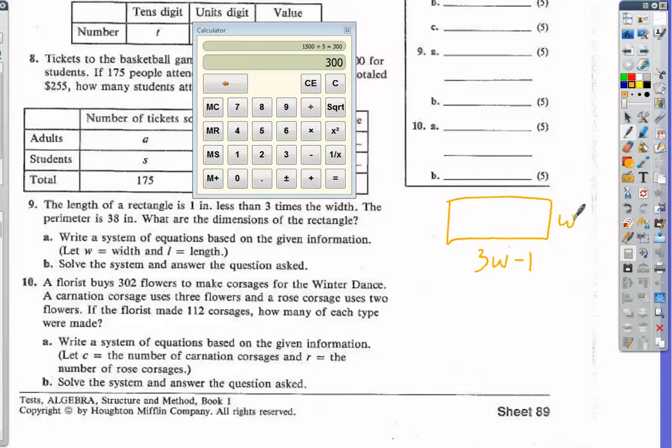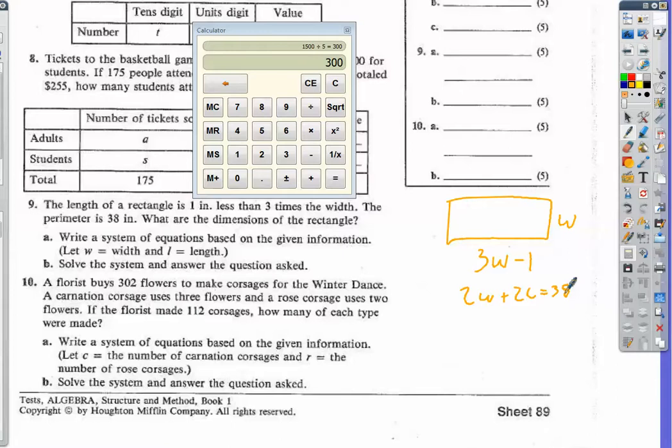All right, the perimeter is 38. So 2W plus 2L is equal to 38. Write a system of equations. What are the dimensions of the rectangle?